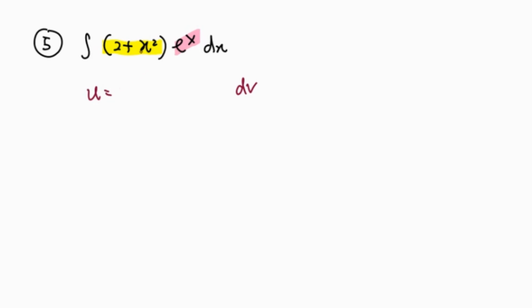We select by LIATE: L, we don't have; P, yes, we have. So 2 + x squared will be given priority to select as u. The rest of the question will become dv.